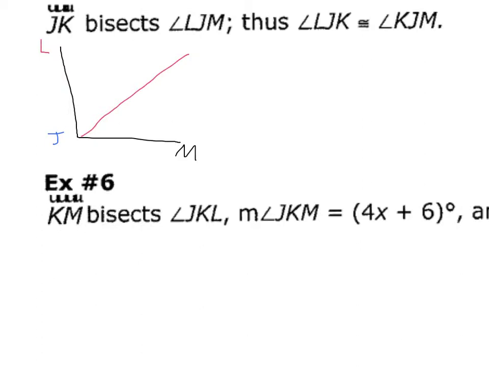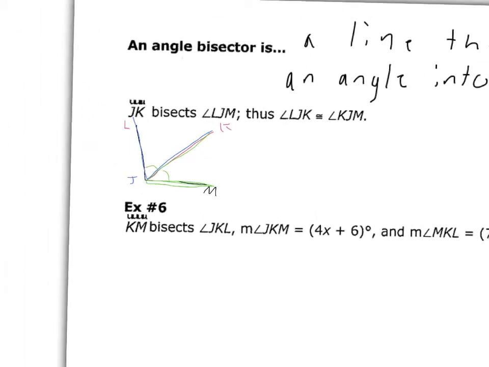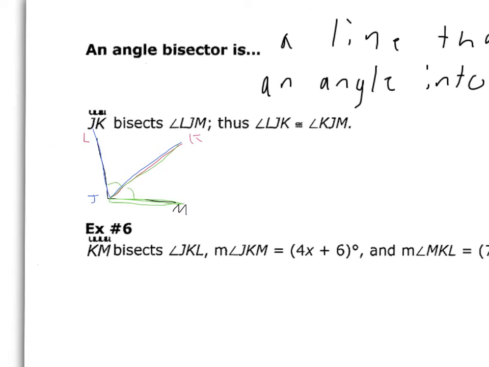This is line JK. And we know that angle LJK is equivalent to KJM. When it bisects, we know that both of these angles are exactly the same, or the same measure. So that's what we need to know from what an angle bisector is.